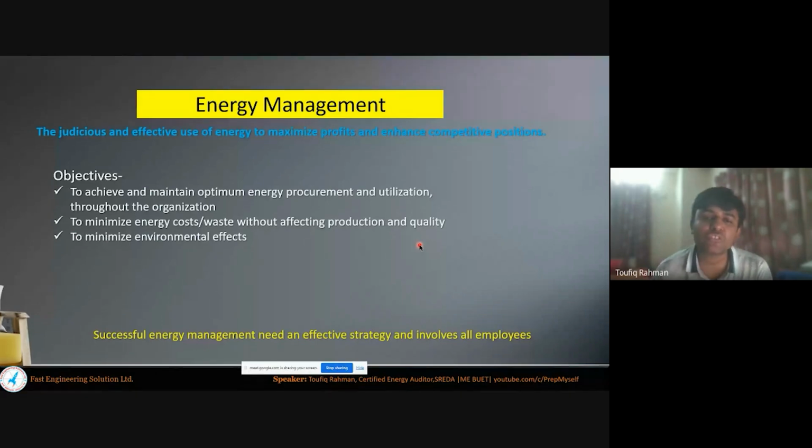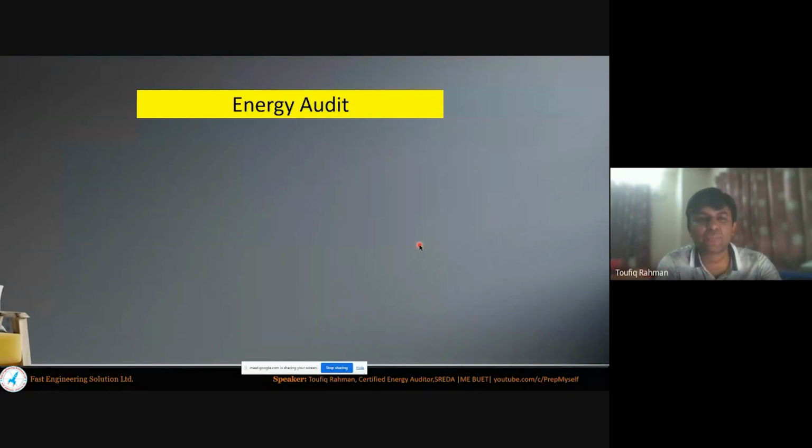If they procure equipment without knowing its energy use, this will be a disaster, because this equipment may consume more energy than the competitors'. So my suggestion is to involve every person in the industry in the energy management system.